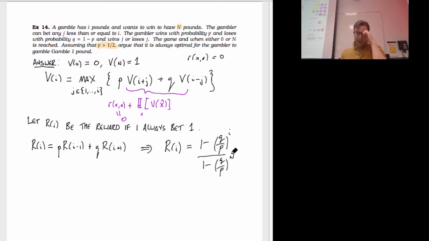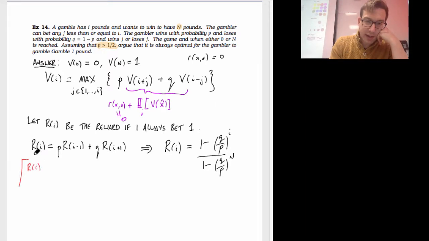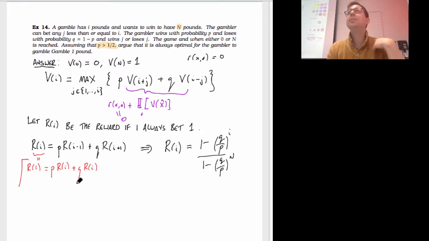I'll briefly give you a hint as to how you go about solving that, though it's not really too important. Notice that I could write R of I is equal to P R of I plus Q R of I. So then I end up with this equation that P R of I plus Q R of I is equal to P R of I minus 1 plus Q R of I plus 1.